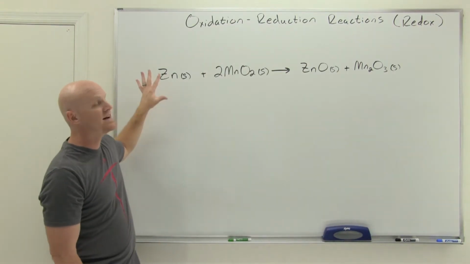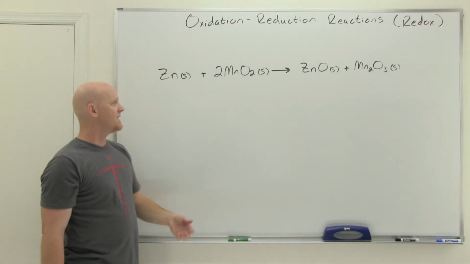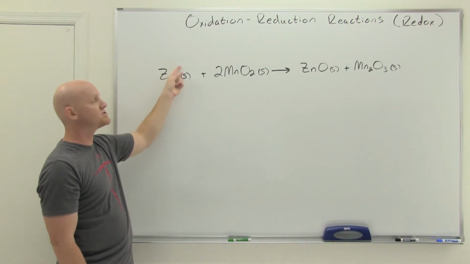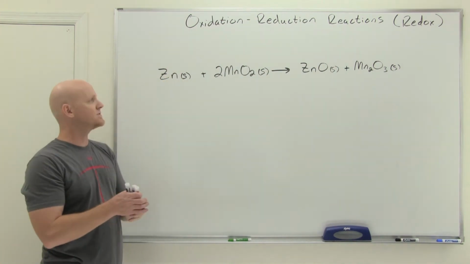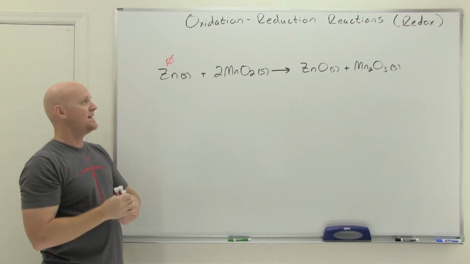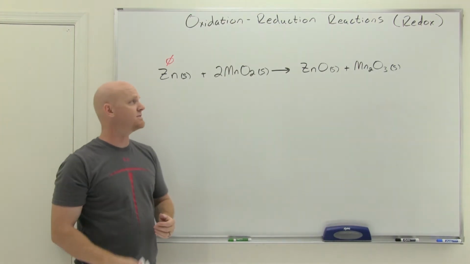So what we want to do is go through and assign all the different oxidation states here and figure out who changed. Now the first one here, zinc, he's easy because he's just a single element with no charge listed. He's an element in his elemental form, rule number 1, and he's simply in the 0 oxidation state. Now everything else is part of a compound, so he's the only 0 oxidation state we should anticipate finding here.